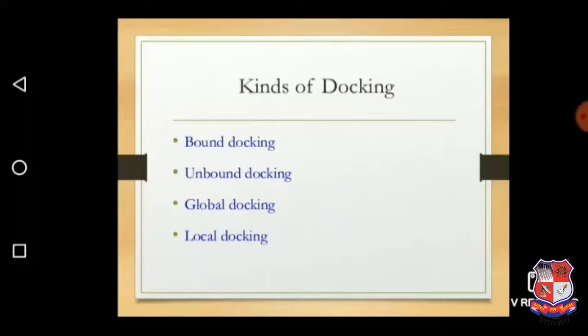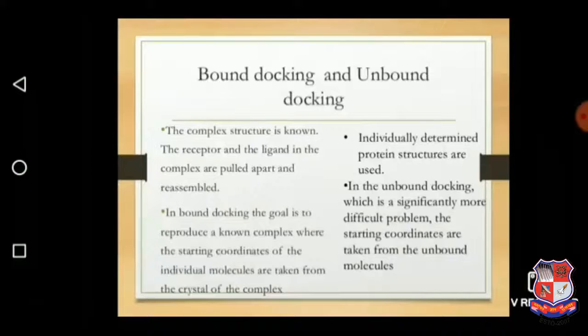Kinds of docking: bound docking, unbound docking, global docking and local docking. These are the 4 types. Bound docking and unbound docking: the complex structure is known, and the receptor and the ligand in the complex are pulled apart and reassembled. In bound docking, the goal is to reproduce a known complex where the starting coordinates of the individual molecules are taken from the crystal of the complex.